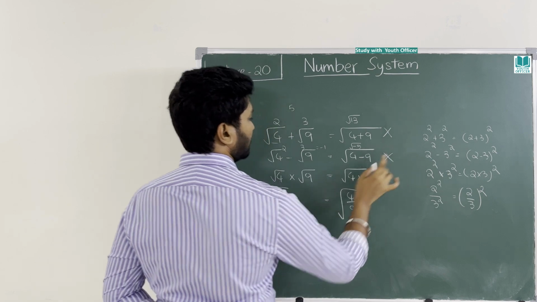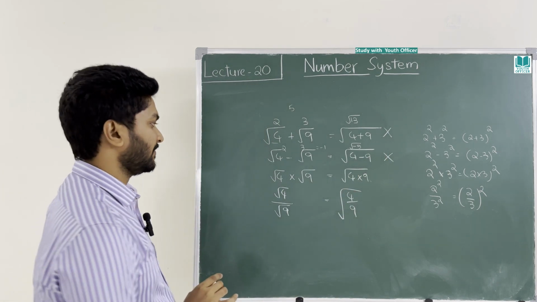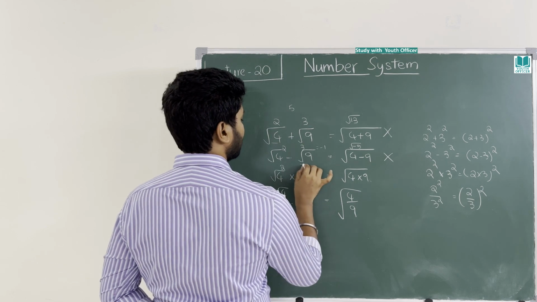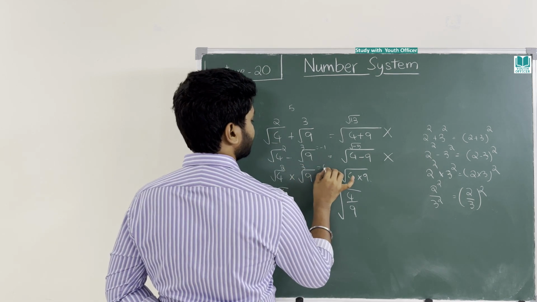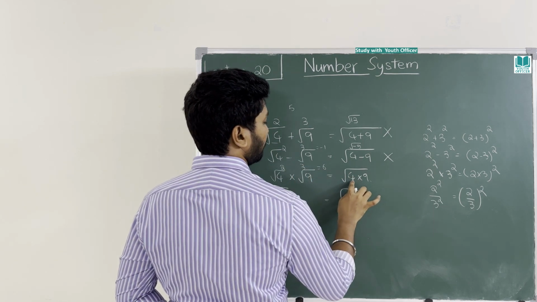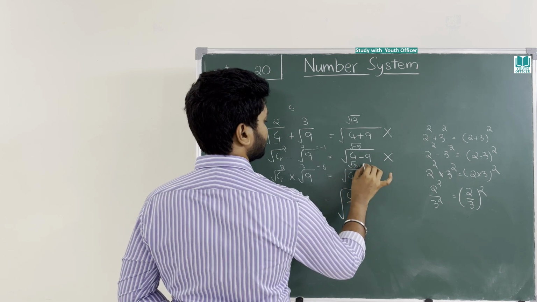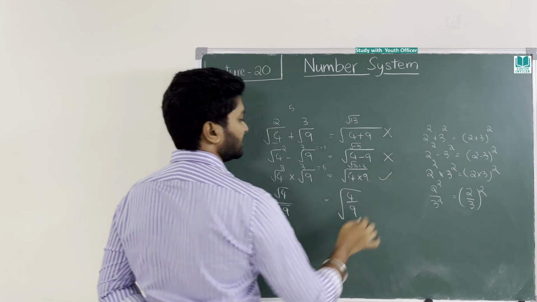They both are not equal. You cannot take this property. Square root of 4 is 2, square root of 9 is 3, 2 into 3 is 6, square root of 4 into 9 is 36, square root of 36 is 6. They both are equal. You can take this property.